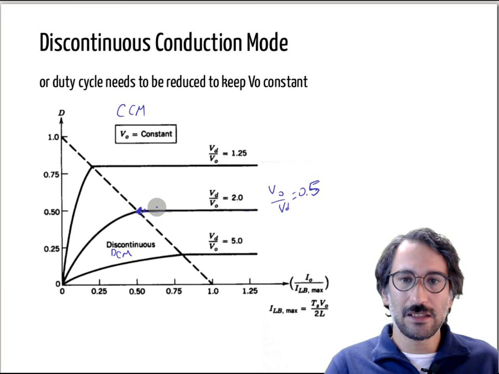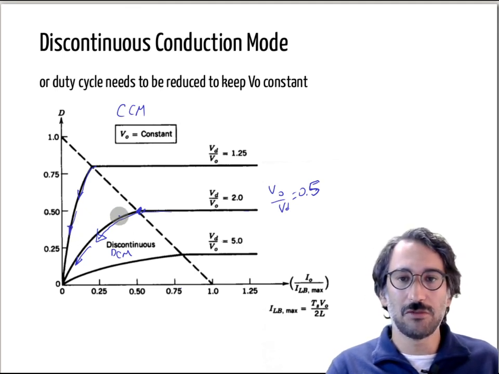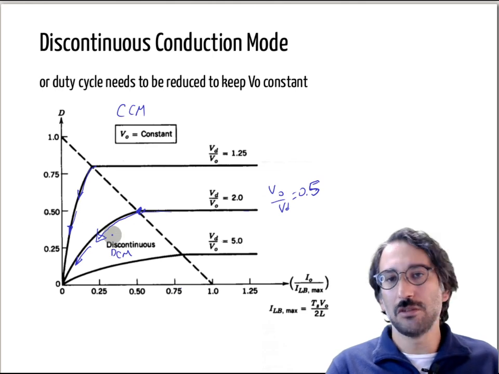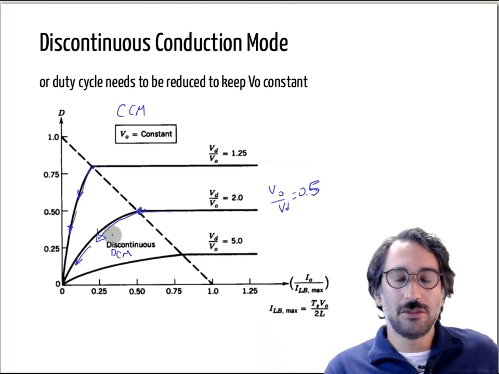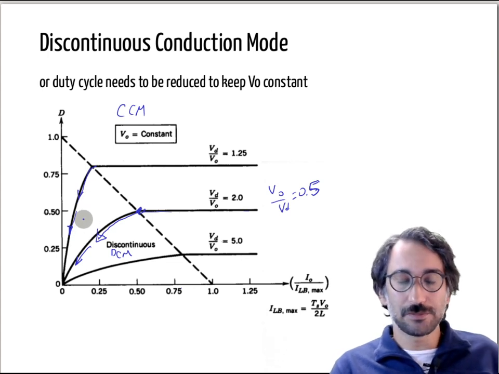But if you are getting into the discontinuous conduction mode, you need to keep the duty cycle lower and lower. Okay, as long as you reduce your duty cycle, it is still possible to keep output voltage constant. Of course, you don't have to write all those equations into your converter.